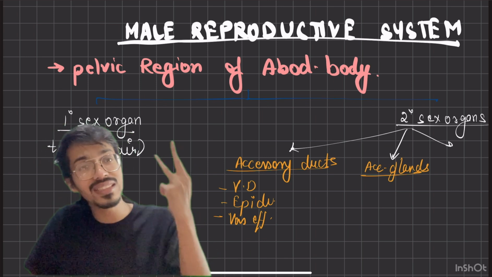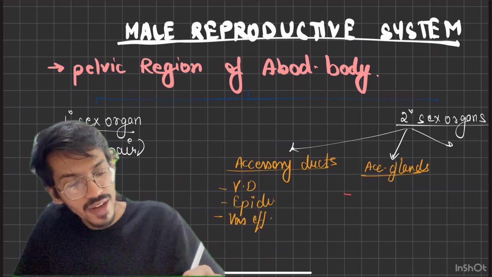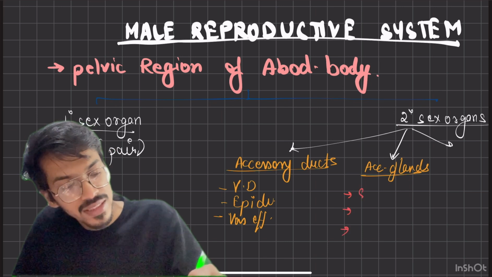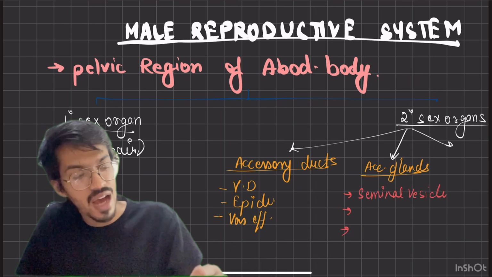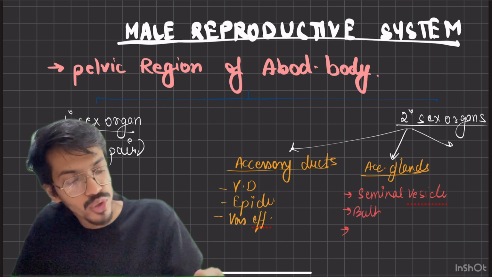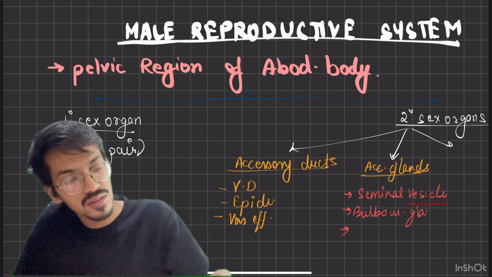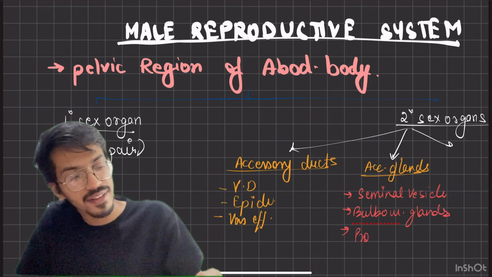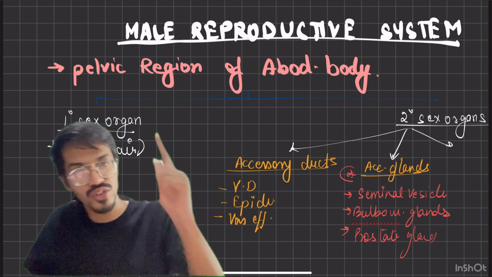These three gland names are the most important ones: the seminal vesicle, the bulbourethral glands, and the prostate gland. These three names are super important, and their functions as well.